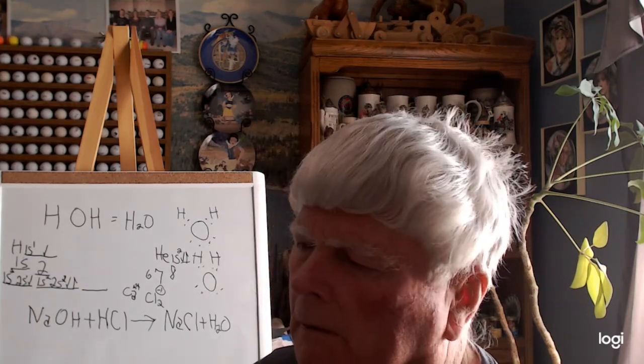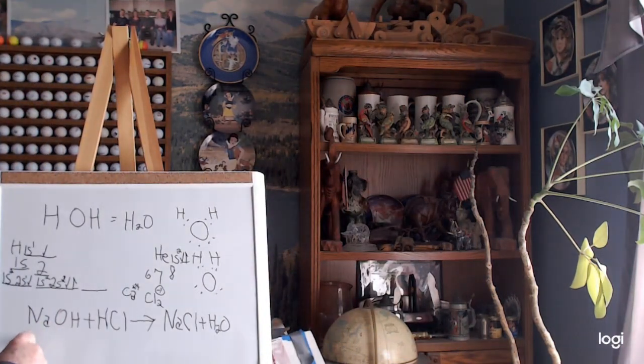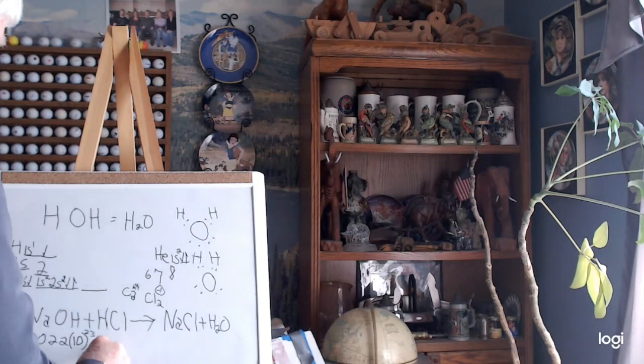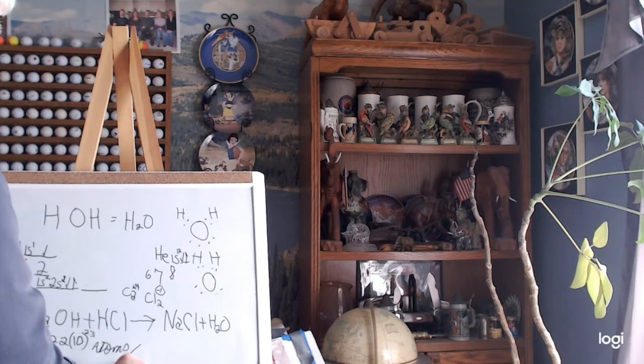Avogadro's number, which is that made-up number of 6.022 times 10 to the 23rd, we'll say atoms, per atomic weight, or atomic mass, of the substance.